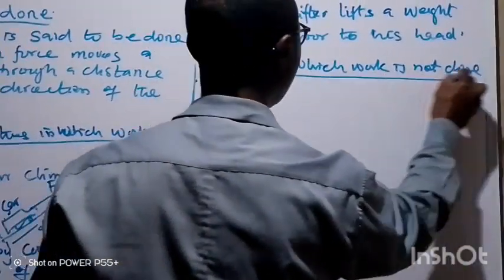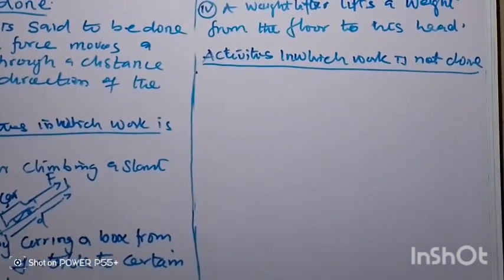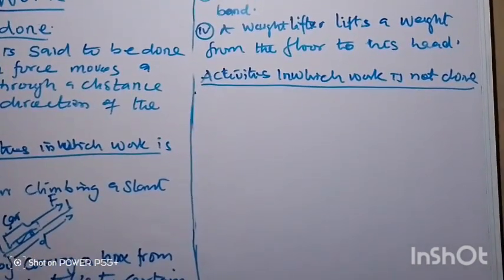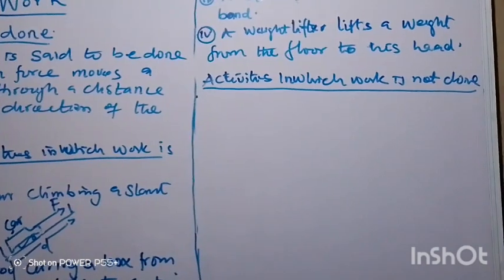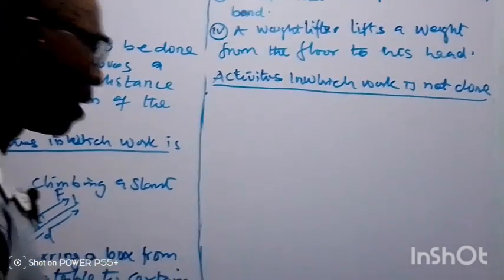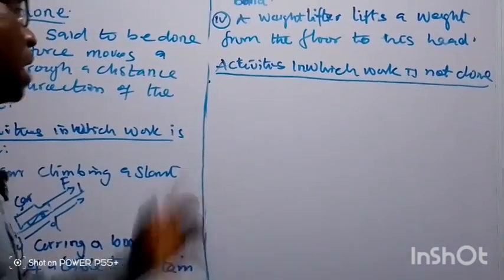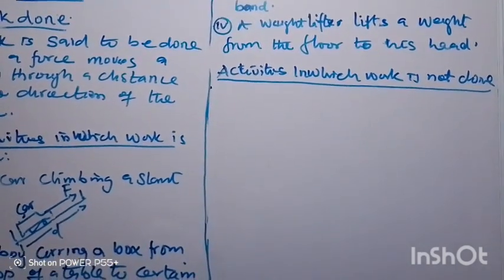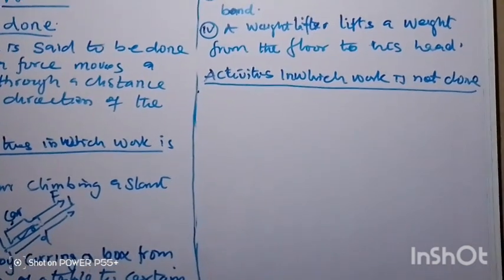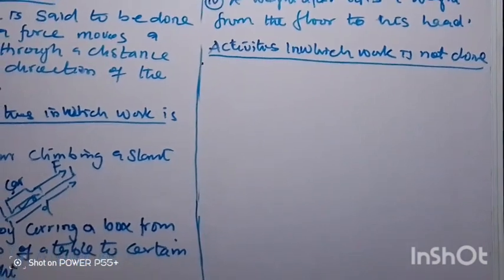That is, in physics, as I said earlier, if work is to be done, force must be applied to an object, and that force applied must produce a displacement, and the displacement must be in the direction of the force. So if force is applied and there is no displacement of the object, then in physics, no work has been done. A typical example 1.